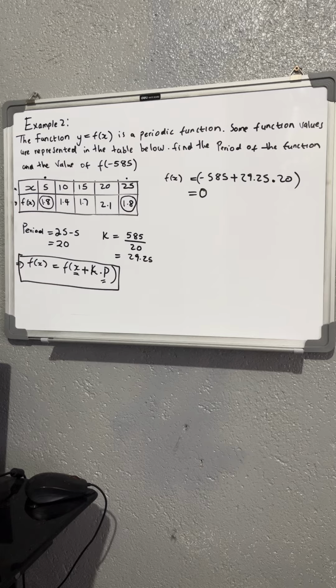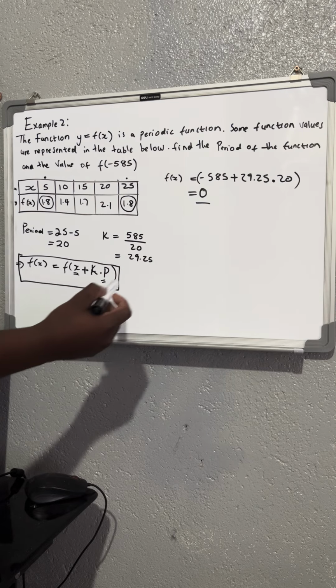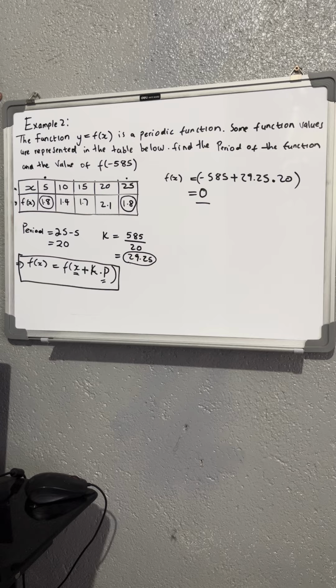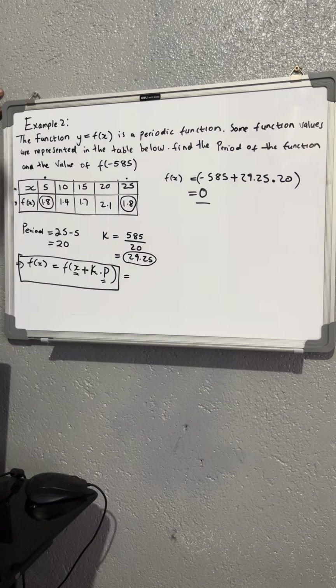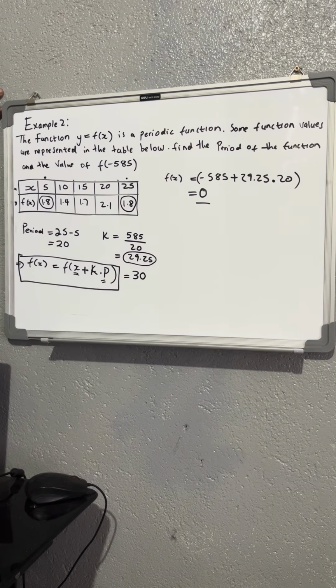So what do you do if you are faced with this situation? You come back to your same k value and you round it up. So instead of having 29.25, you're going to use 30.